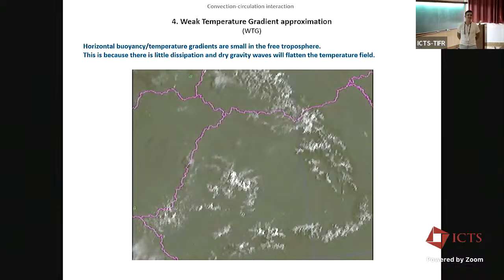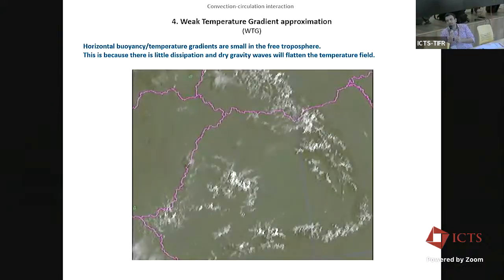So you mentioned dry gravity waves. Do you mean linear dry gravity waves? Because we know convection and linear dry gravity waves will not coexist. Probably you mean moist gravity waves? No, dry gravity waves. If you have a burst of convection, it will also excite dry modes. They will carry away part of the energy, a large part actually. Then you mean probably the non-linear part of waves.